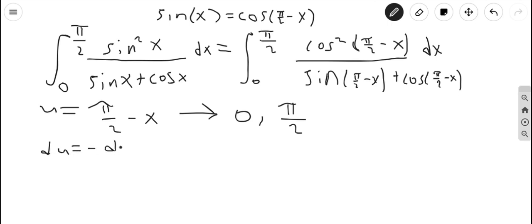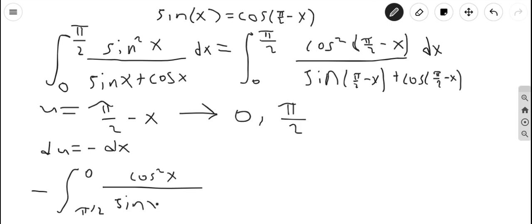Alright, we got that done, and now we get our new integral. It's going to be from pi over 2 to 0 with a negative out in front because we have that negative dx factor, and this will be our new integrand.